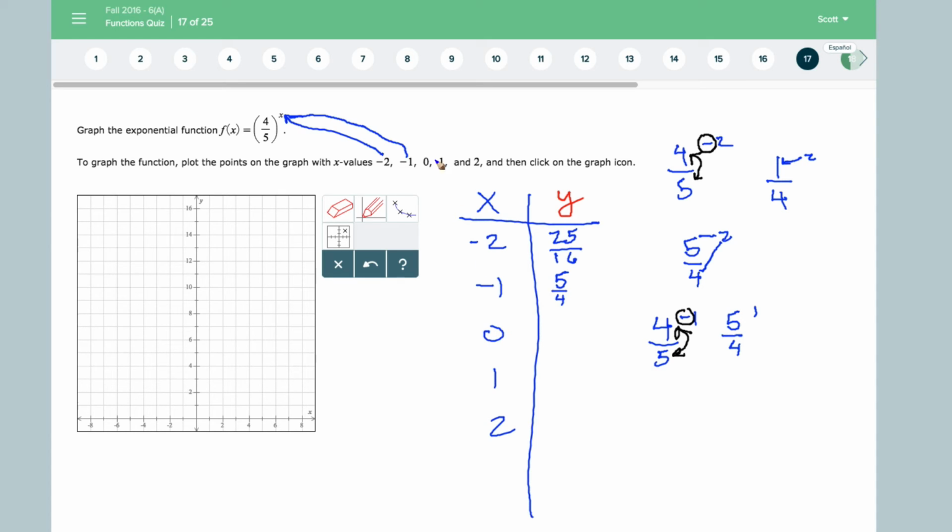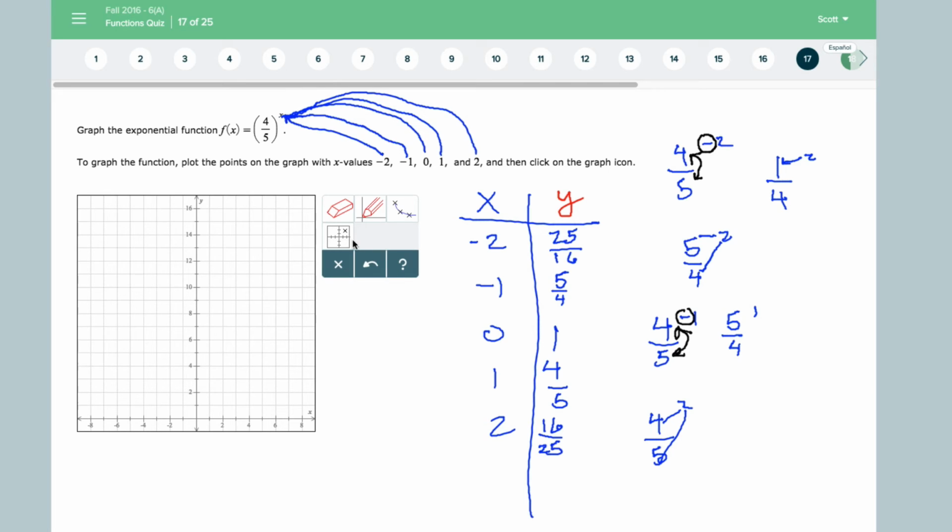Anything to the 0 power, if I plug in a 0 right there, anything to the 0 power is 1. Anything to the 1 power is itself, so 4 over 5. And now if we plug in a 2 for the x, we have 4 over 5 squared, and that squared goes to both numbers. So we have 16 on top and 25 on bottom.